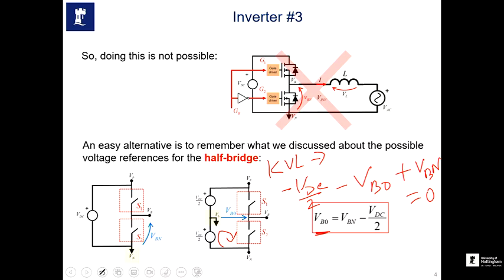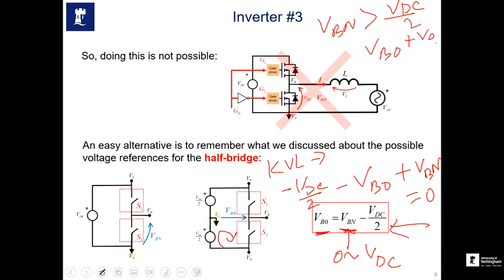Now, remember I just said in the first slide, VBN can be between 0 and VDC, right? So assume VBN is greater than VDC by 2. From this equation, what will be the VBO? If the first term VBN is greater than VDC by 2, VBO is positive.